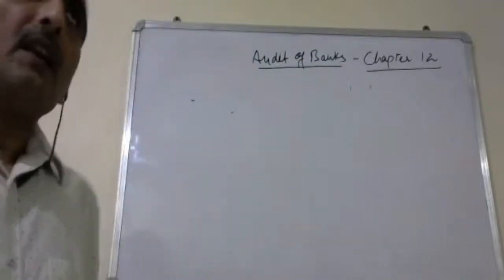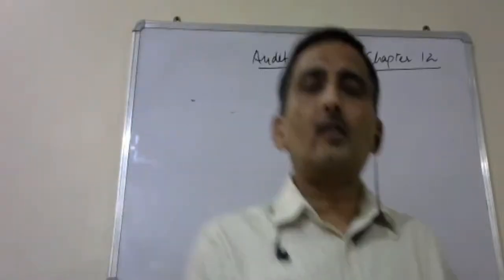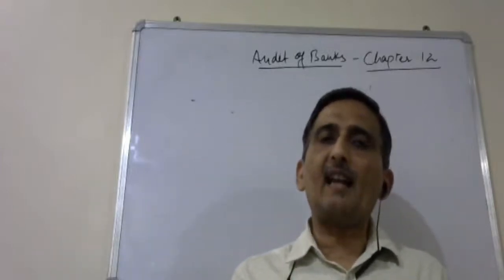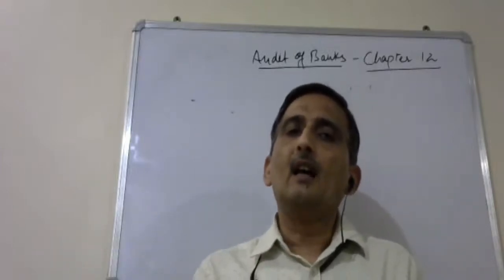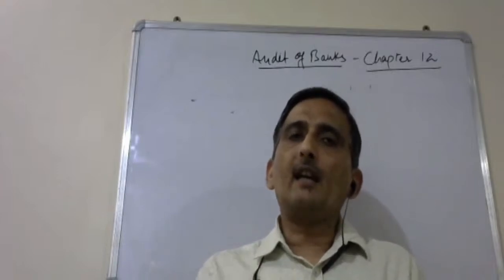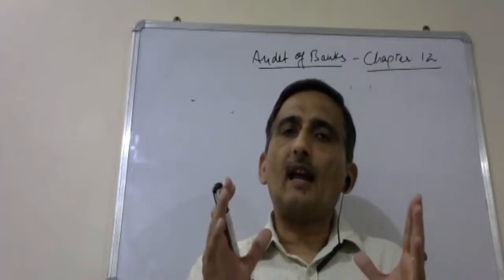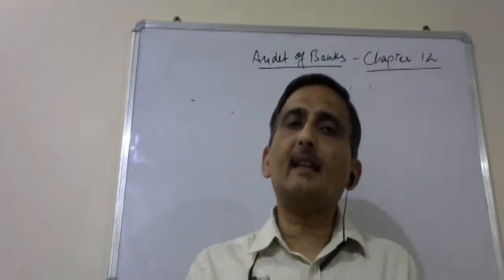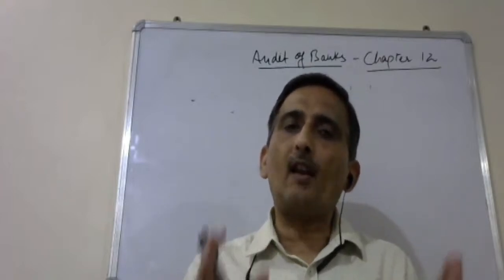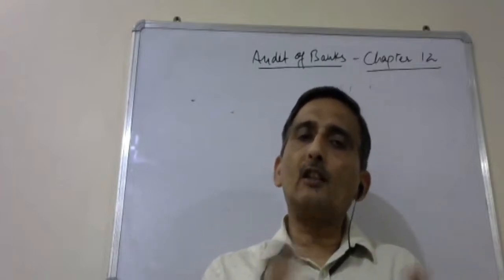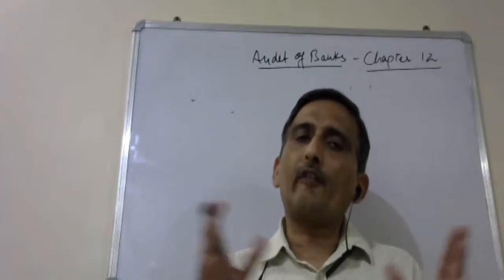Now, all the students, you have to remember that all the eligibility conditions prescribed in Section 141 for a company auditor, and all qualifications and disqualifications which have been prescribed in the Companies Act 2013, which you have already read in your chapter on company audit, also apply to the auditor of a bank.